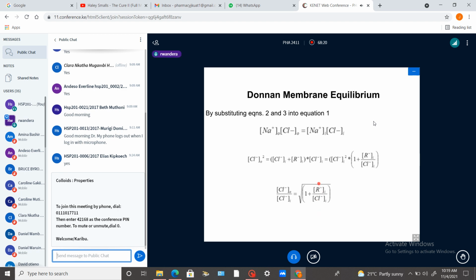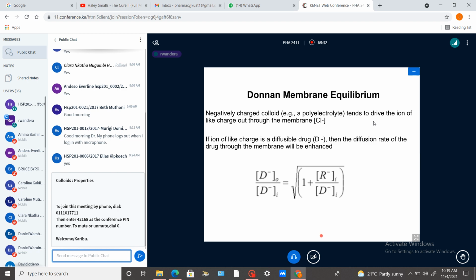So this equation will simplify to this. You can work that out mathematically.